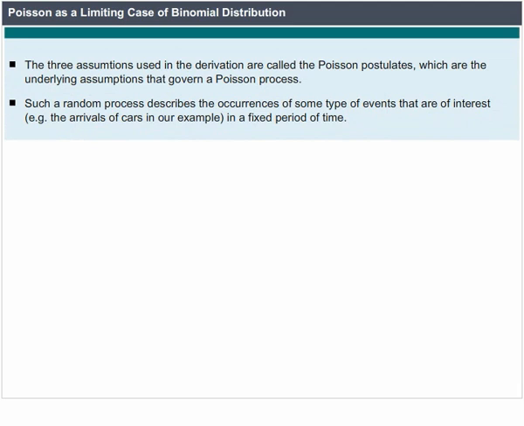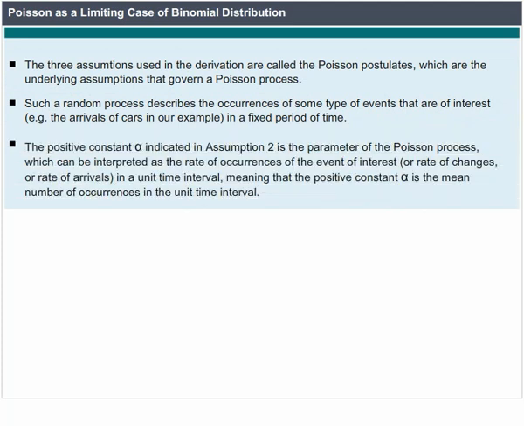Such a random process describes the occurrences of the same type of events that are of interest. Example: the arrivals of cars in our example in a fixed period of time. The positive constant alpha indicated in assumption 2 is the parameter of the Poisson process, which can be interpreted as the rate of occurrences of the event of interest, or rate of changes, or rate of arrivals in a unit time interval, meaning that the positive constant alpha is the mean number of occurrences in the unit time interval.